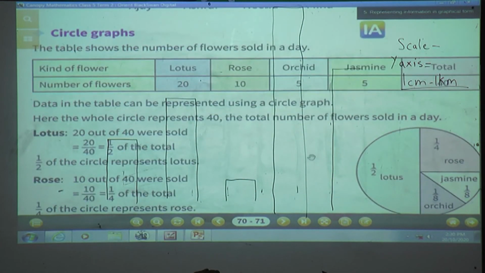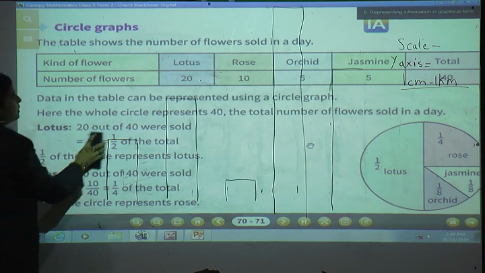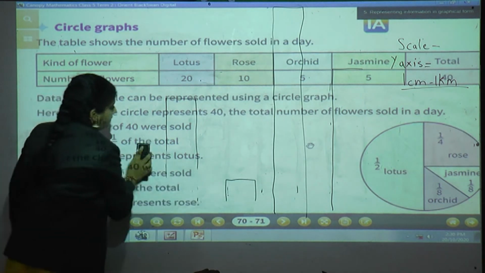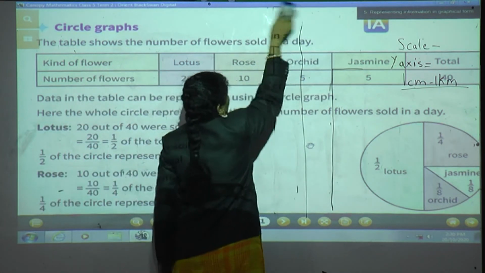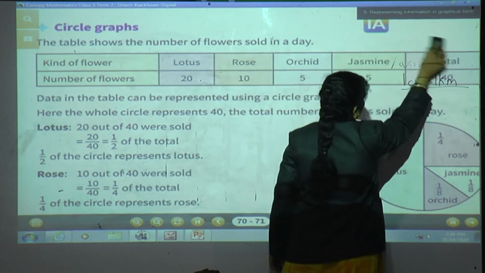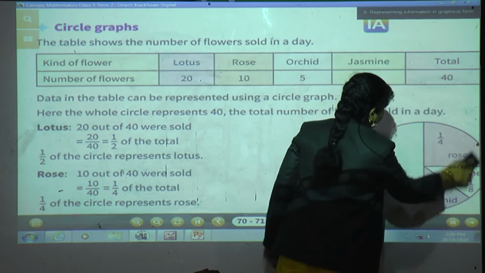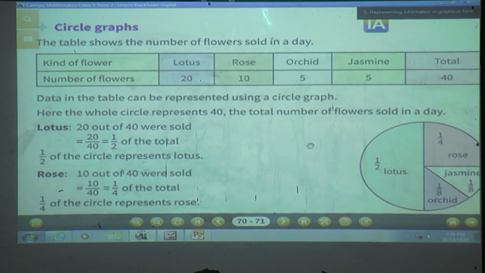Here the table shows the number of flowers sold in a day. Read the information. Circle graph. This is also one type of graph. See, kind of flower and number of flowers.